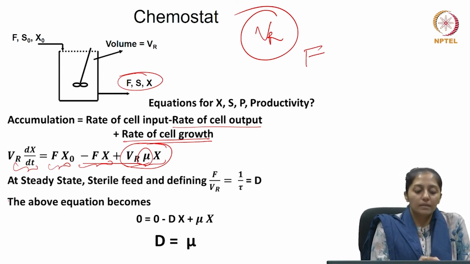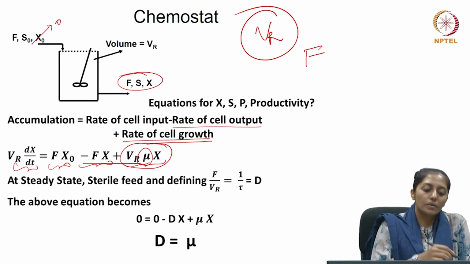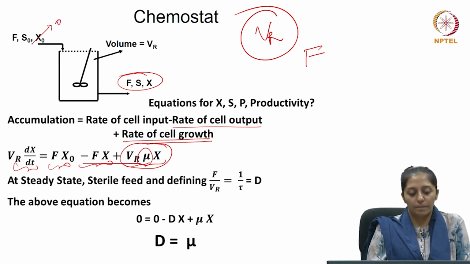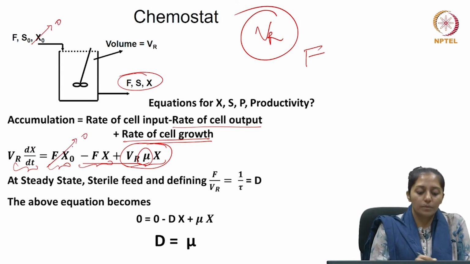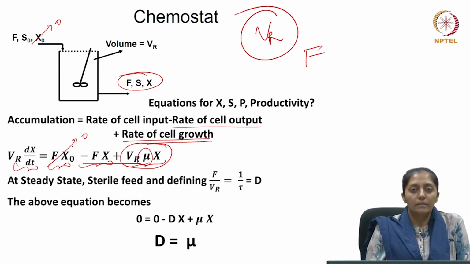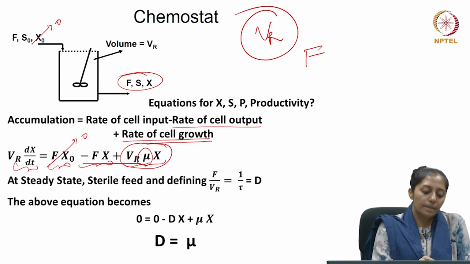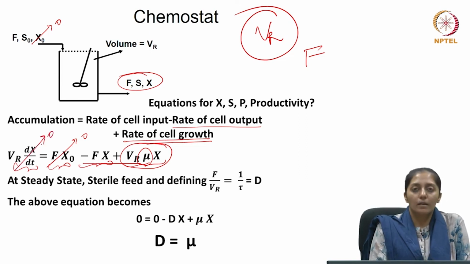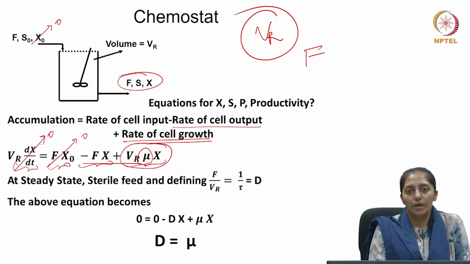Now, assuming that it is a sterile feed, there is no biomass in the inlet stream, so this term goes to 0. And assuming it is a chemostat, which means this continuous bioreactor is running at steady state, there is no net accumulation of biomass, which means there is no change in the biomass concentration with time in the reactor.